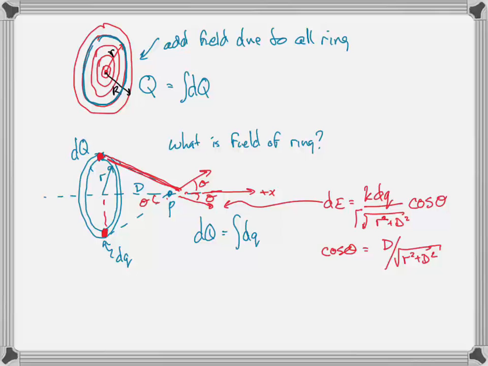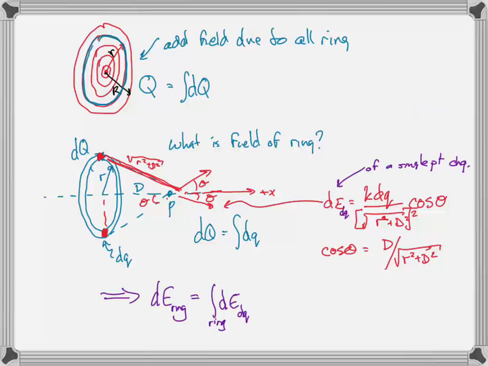Oops, oh dear, I forgot to square my distance here. That's a distance squared: kq over distance squared. This distance squared is r squared plus d squared. Okay, and the field in general for a point charge is kq over r squared, that's our sort of arbitrary field of a point charge.